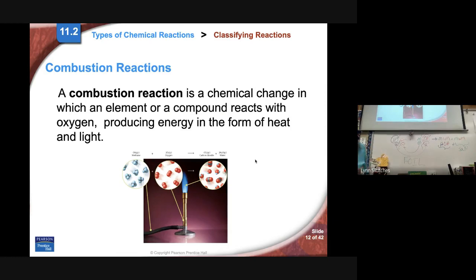All the combustion reactions we're going to talk about are the ones that involve hydrocarbons. Okay, so it's reacting carbon, hydrogen, and oxygen. Okay, so lighting your burner is a combustion reaction. Questions on any of that?